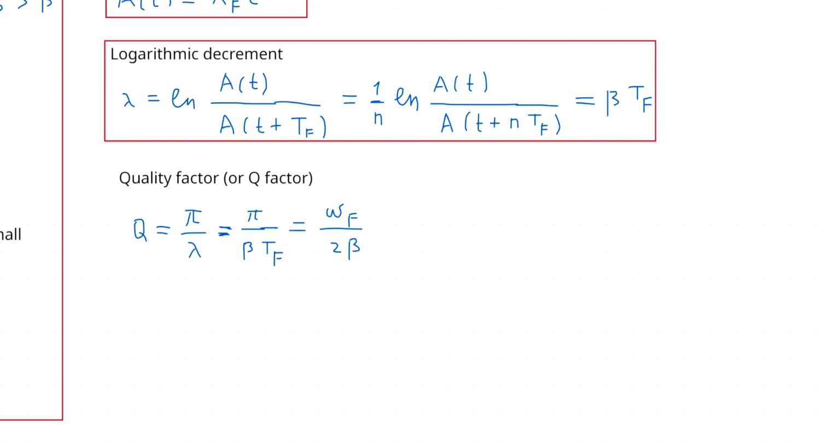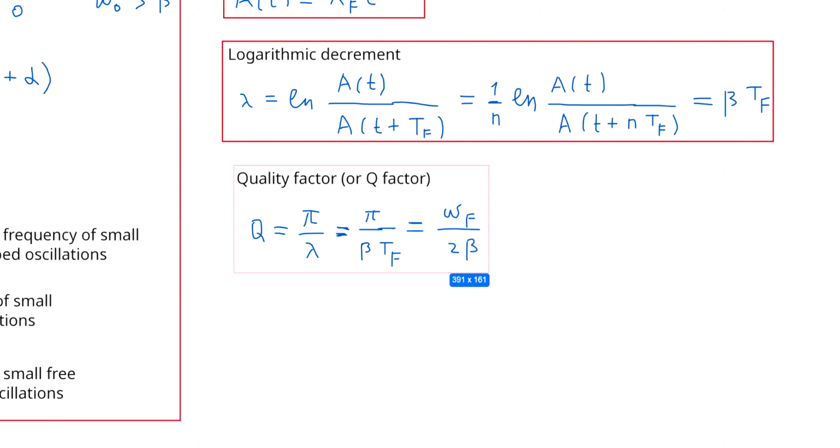So this is the quality factor, or Q factor. And the Q factor shows the ability of an oscillation system to conserve its energy.